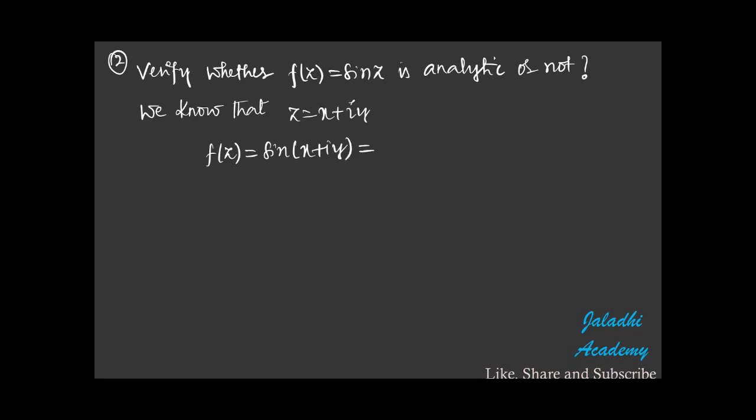So the sine of a plus b formula is known. What is the sine of a plus b? Sine of a plus b is equal to sine a cos b plus cos a sin b.